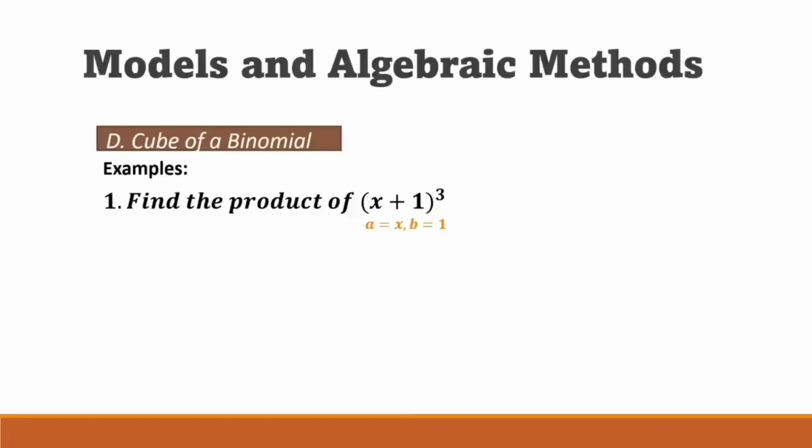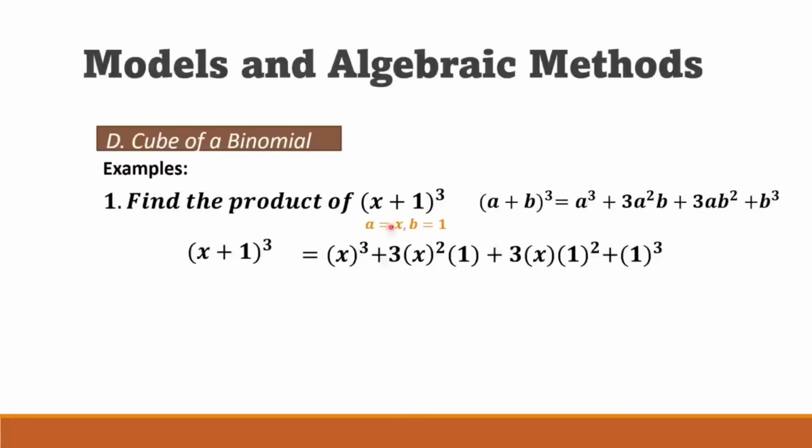Let's continue with the second example. Find the product of (x plus 1) cubed. The first term is x, the second term is 1. The cube of the first term is x cubed, plus 3 times x squared times 1, plus 3 times x times 1 squared, plus 1 cubed.